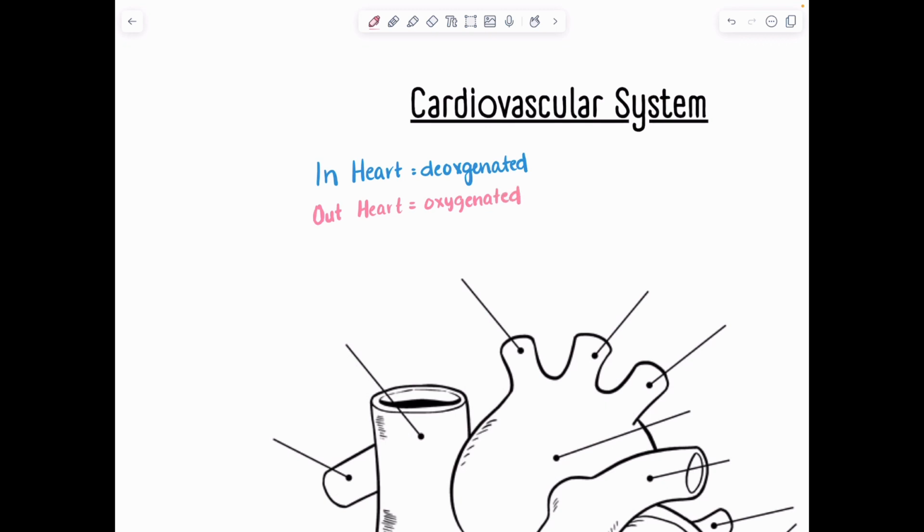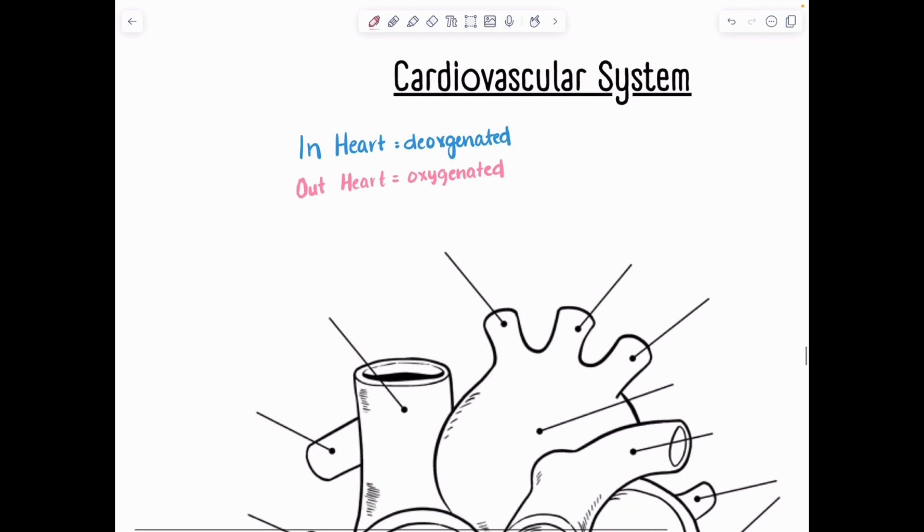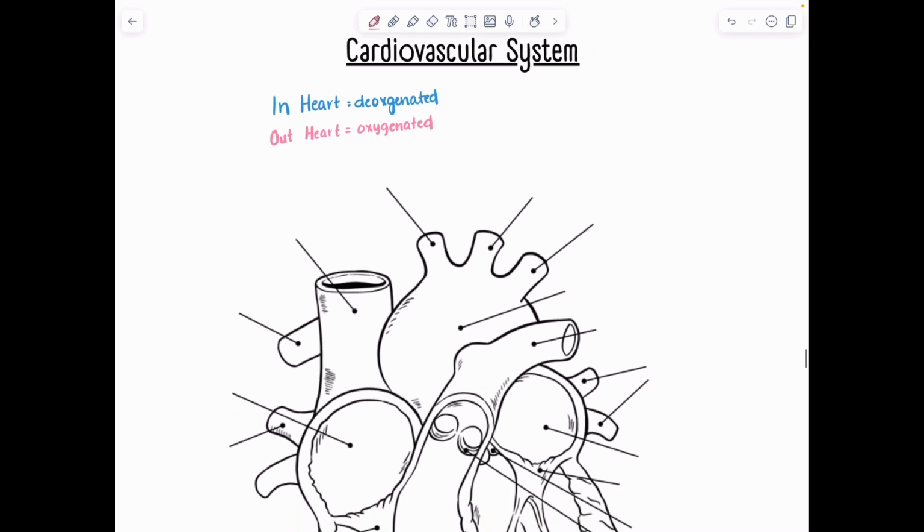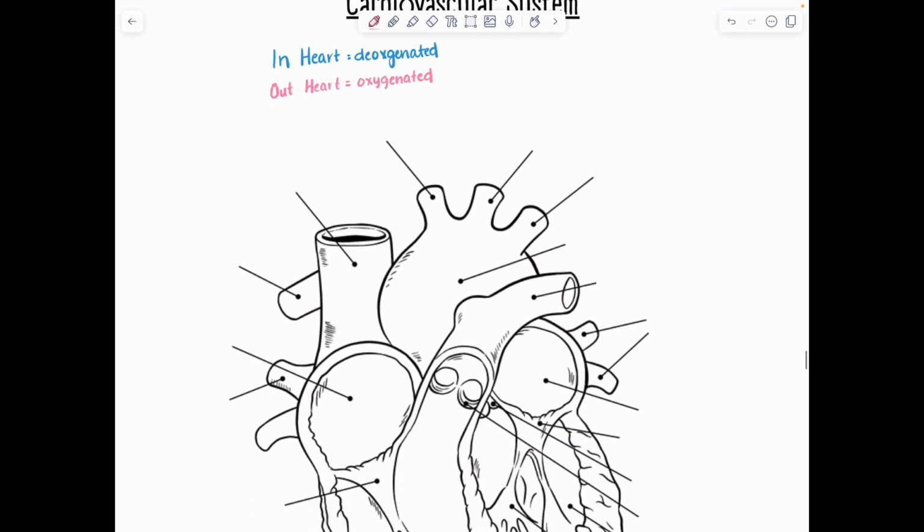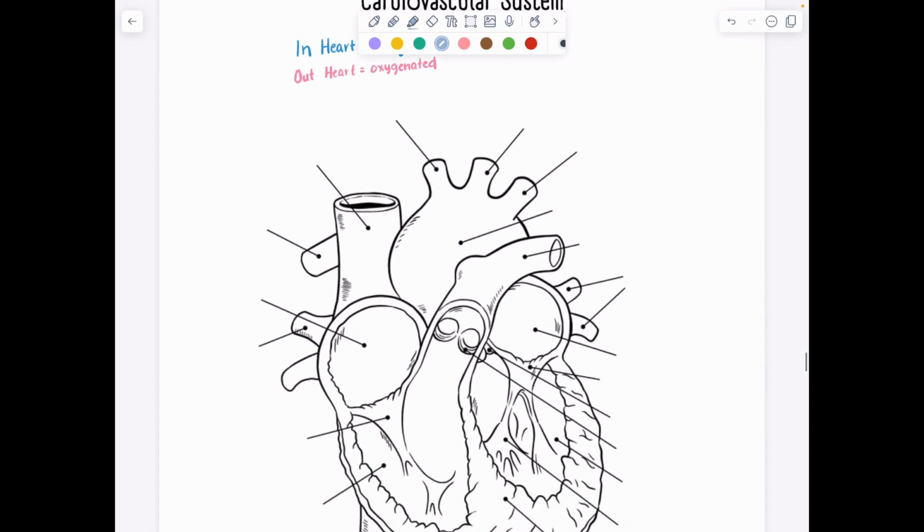And there's this pattern of how the blood flows, and that is something that you guys need to understand when we look at these different structures. I want you to understand these structures not by just pointing them out, but understanding what type of blood is there and where they're sending the blood next. So if we're saying, okay, blood's coming in, where's it coming in from? Blood comes in from our superior and inferior vena cava.